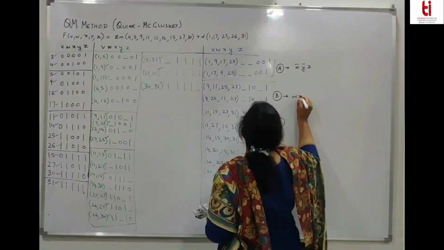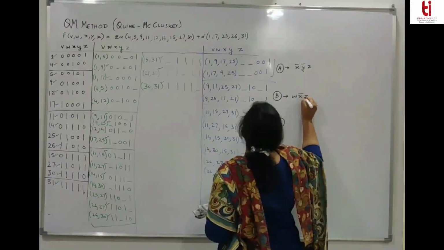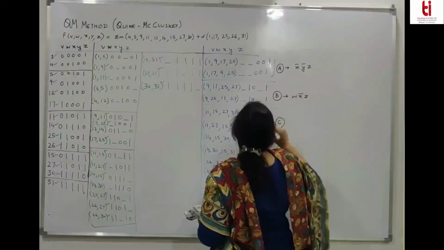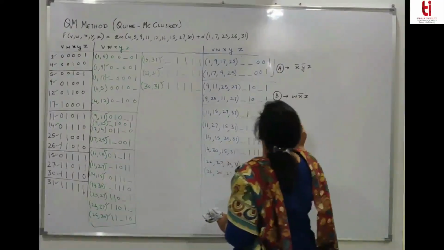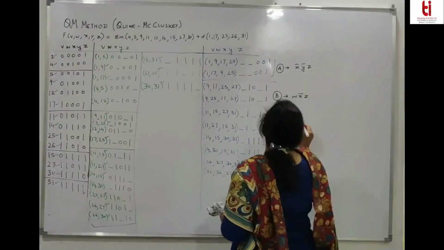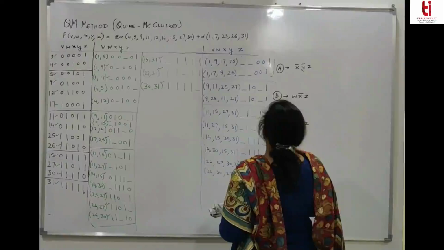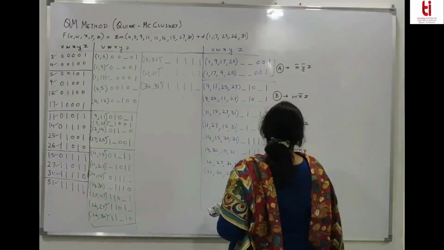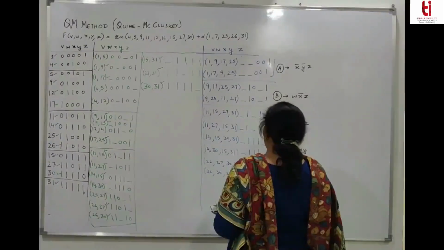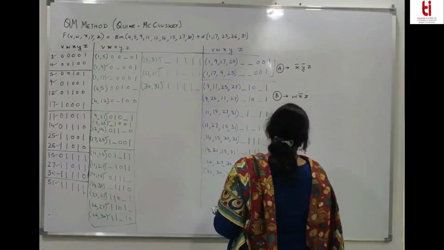W, X bar, Z bar, W, X bar, Z. What is C? V, W, X, Y, Z. What is D? W, X and Y. And what is E? V, W, X, Y.